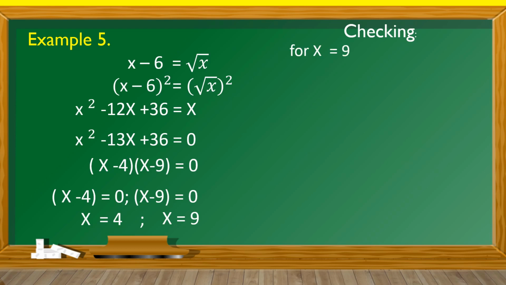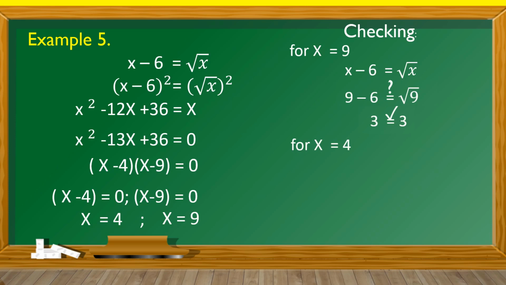So let us check. For x equals 9, substitute this value 9 to the original equation. So we have 9 minus 6 equals the square root of 9. Then 9 minus 6 is 3, and square root of 9 equals 3. So 9 therefore satisfies the given equation.